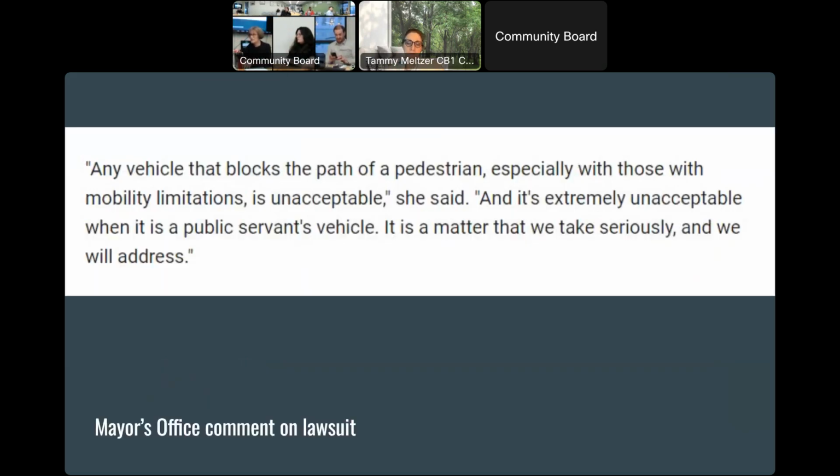Next one, I think, this is the mayor's office response, because it's actually from a deputy mayor. I'm speaking for him, for the office. Any vehicle that blocks the path, sounds very compliant, doesn't it? Having a pedestrian, especially those with mobility limitations, blocked is unacceptable. And it's unacceptable as a public servant's private vehicle.